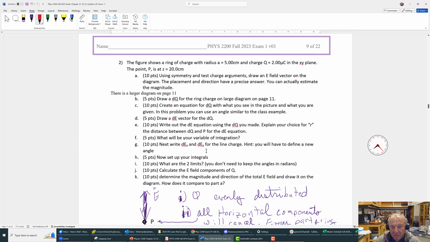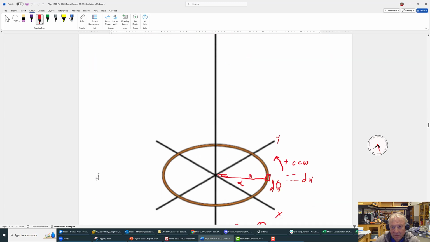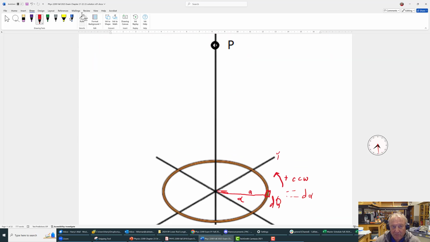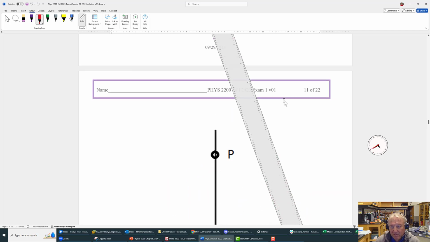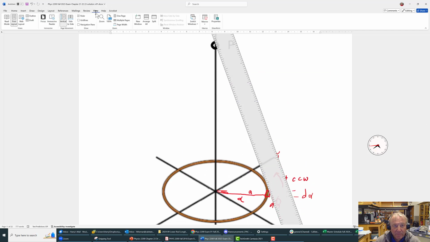What's next? Draw a dE vector. Of course, this is when it's a good idea to have a ruler, also keeping in mind that I'm going to have to change the zoom.